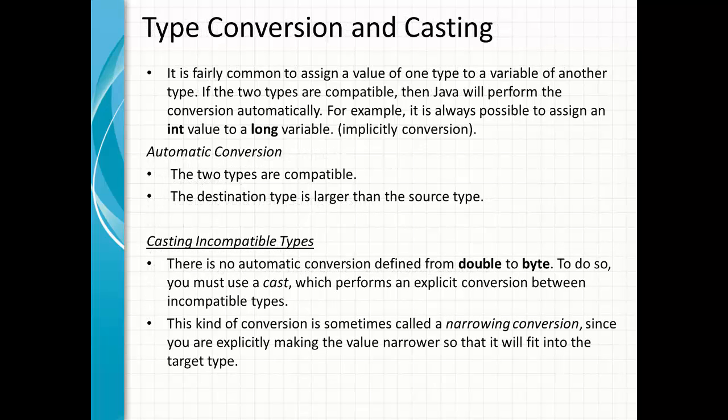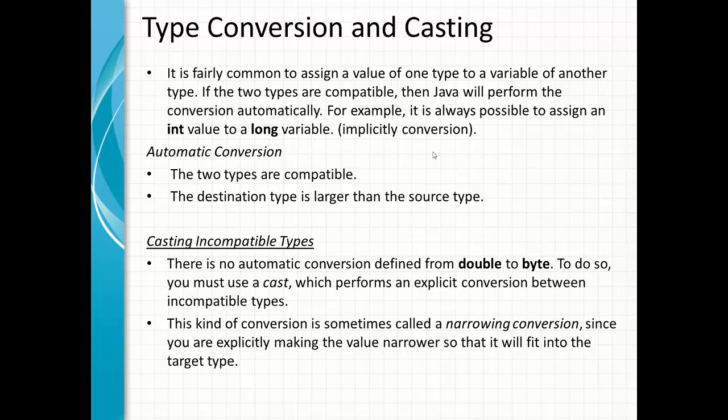Now let us discuss type conversion and casting. Casting, you have already seen that. It says it is fairly common to assign a value of one type to a variable of another type, especially if those two types are compatible.